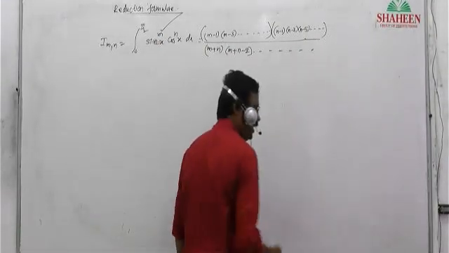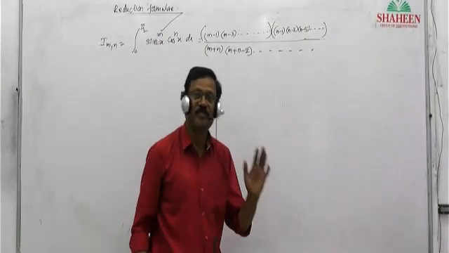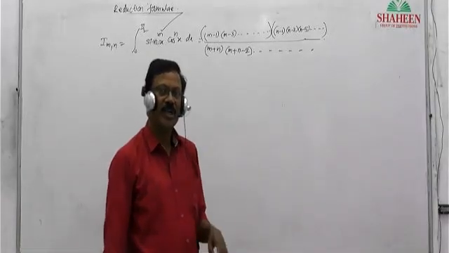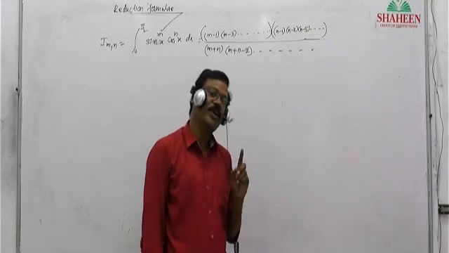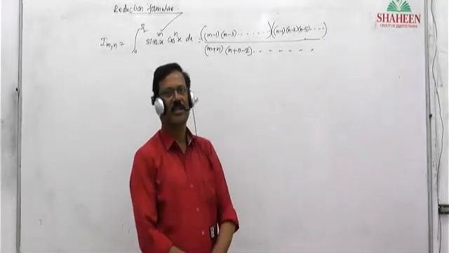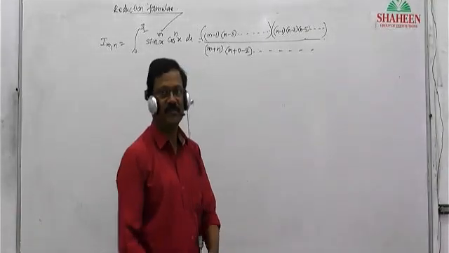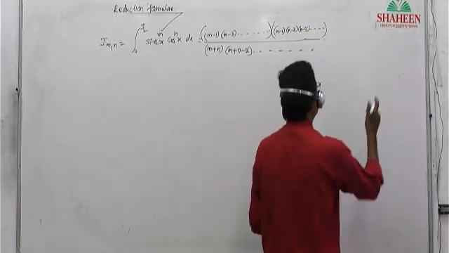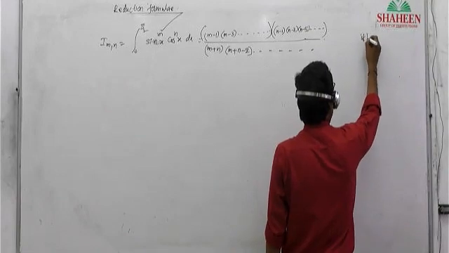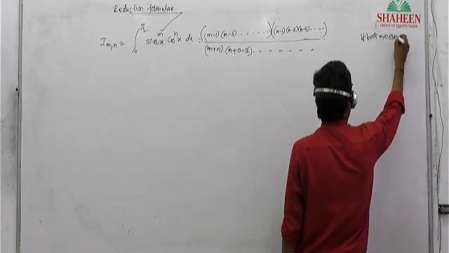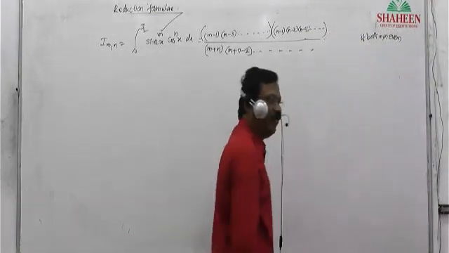Now in this also, sometimes you will get the 1 by 2. When you get 1 by 2, both m comma n are even. If both m and n are even, the last number will be 1 by 2.